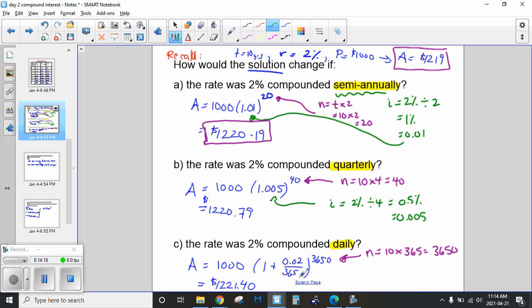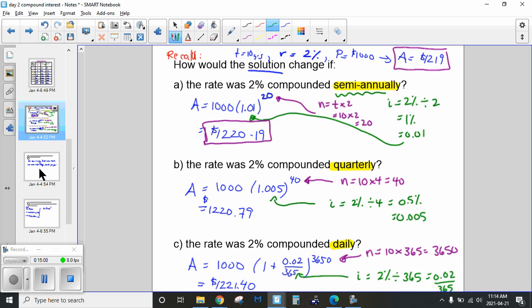And the base, I didn't even change this into a decimal form because it would be a tiny little decimal, but I took the 2%, divided it into 365 equal chunks, and I've just put that in decimal form instead of percent. And that's what I used in the bracket. And we earn like an extra $1 or so. Okay, so the idea here is that the more compounding periods there are in a year, the more money you're going to end up earning in interest because you're having it deposited sooner and added to your principal sooner.